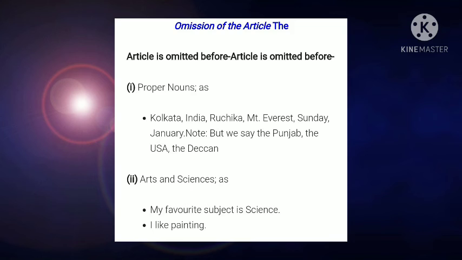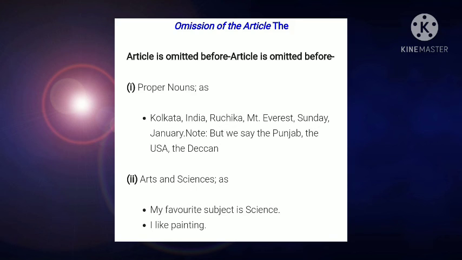Proper noun means Kolkata, India, Ruchika, Mount Everest, Sunday, January. Whenever you refer to proper nouns, before the proper noun we should not use the article the. That is one important condition.